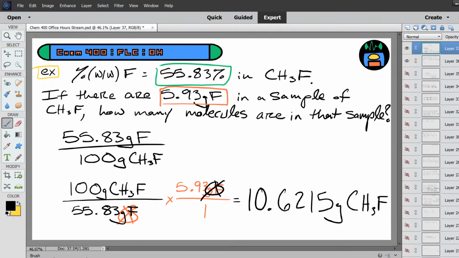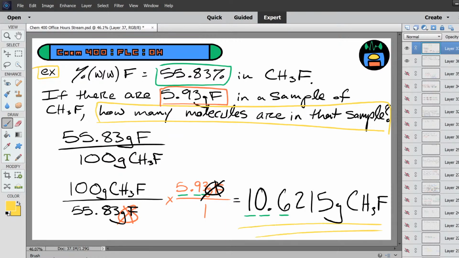Now we can only keep 3 sig figs because of this mass: 1, 2, 3. But this is the key to solving the problem, because we're asked how many molecules are in the sample, and now we've just determined the grams that are in the sample.